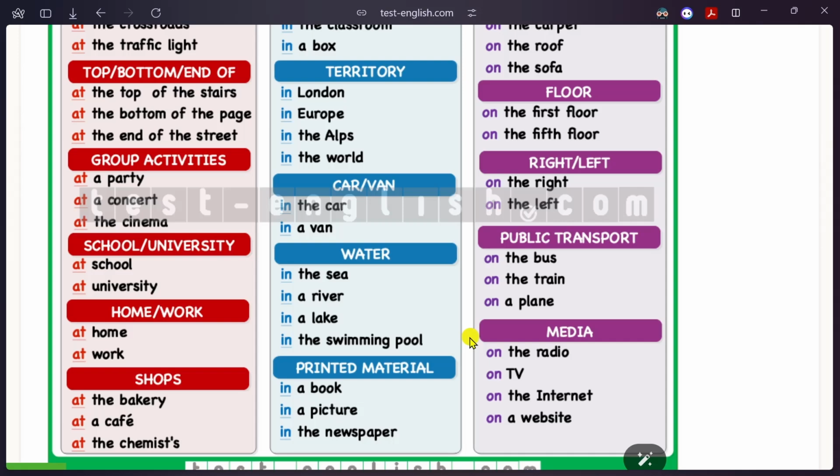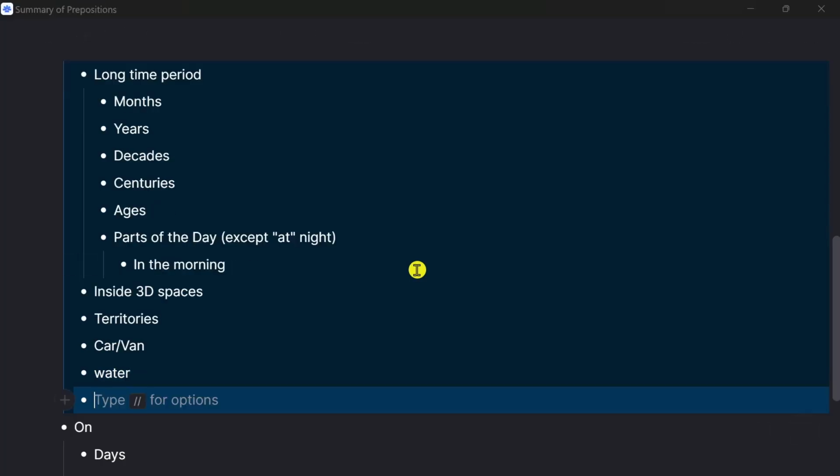In the water. You dive, you submerge, I think it's still "in." So in the sea, in a river, in a lake, in the swimming pool, you see? So water, let's put there, water.